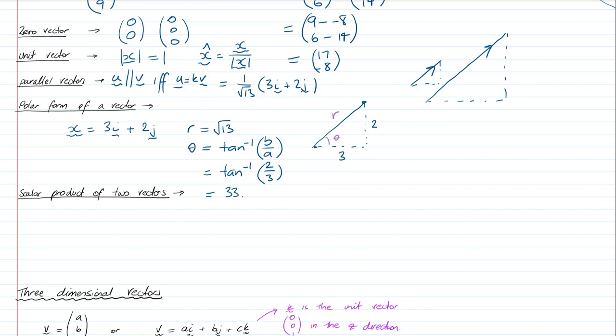I should really flick across to radians, but degrees is closer, so we'll go in degrees, and this gives us x is equal to root 13, 33.69 degrees. And that tells us the direction and distance of x, which is another way of defining a vector, called polar form. We're going to do a bit more work on that in 3 dimensions in this topic as well.